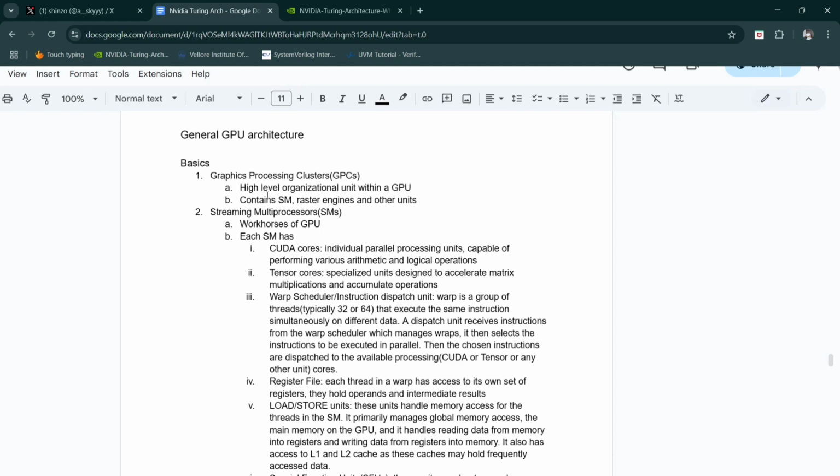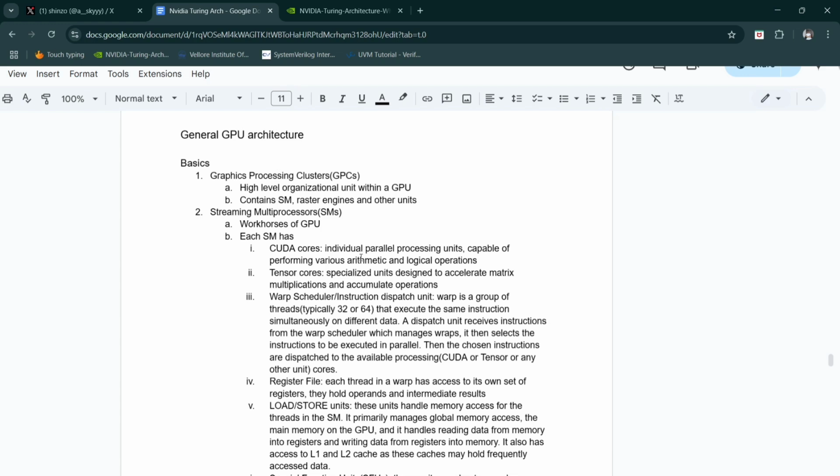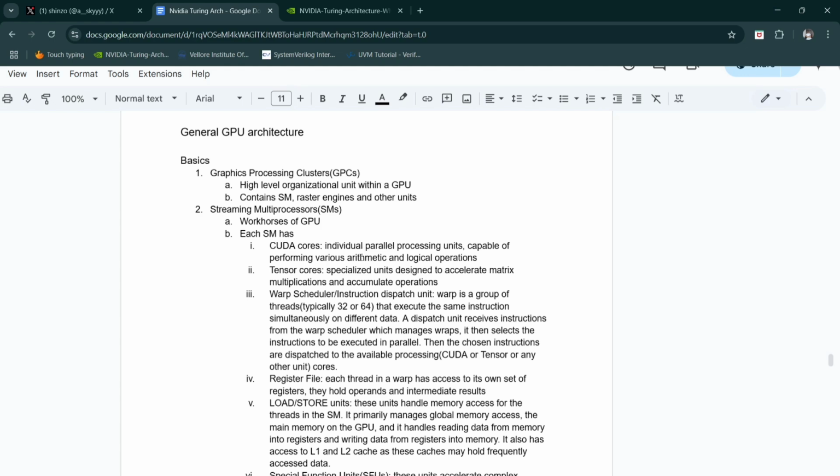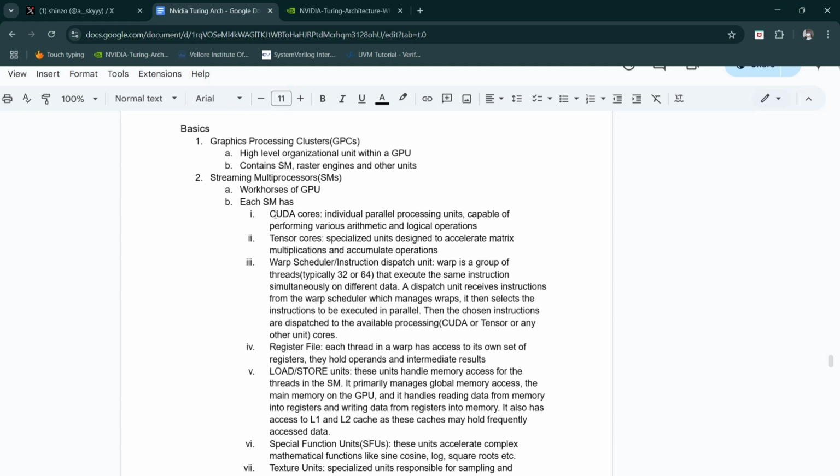This cluster contains the SM I told you about. It also contains raster engines, which we'll talk about later in this video, and some other units like special function units, tensor core units, and RT core units. RT means ray tracing. First, let's see what an SM is.